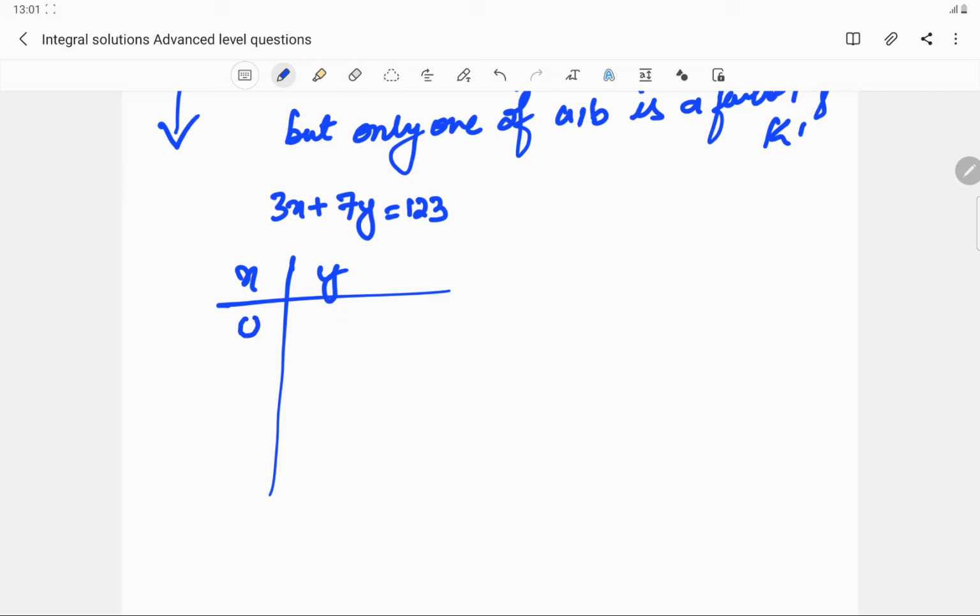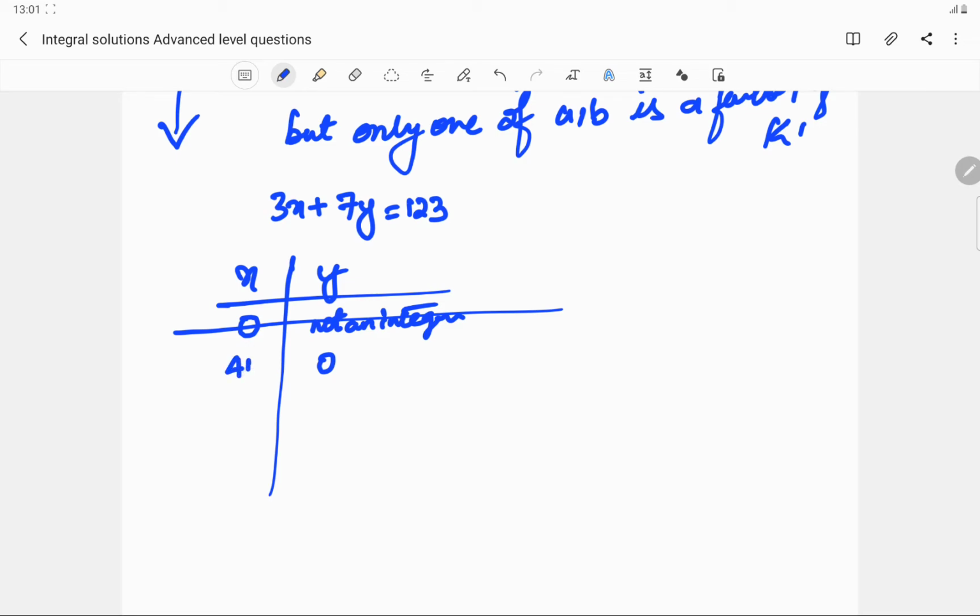If we take x as 0, 7y is equal to 123. So y, will it be an integer? No, we are getting a value which is not an integer. So that is why we will not start with x as 0. We'll remove it. We'll start with y as 0.